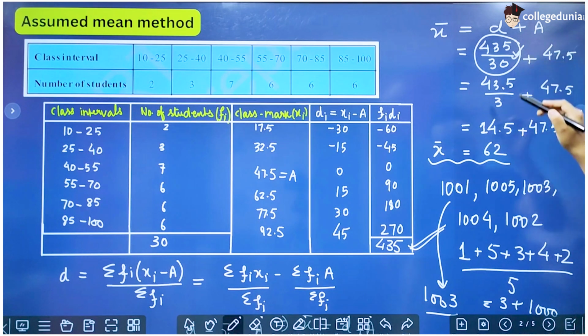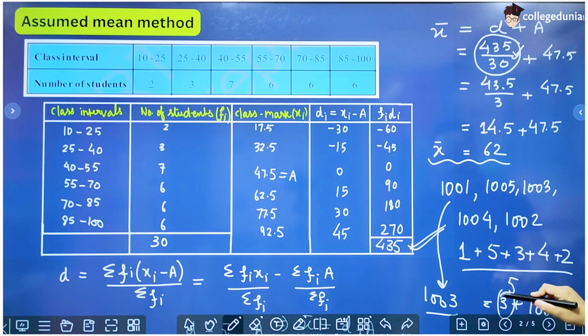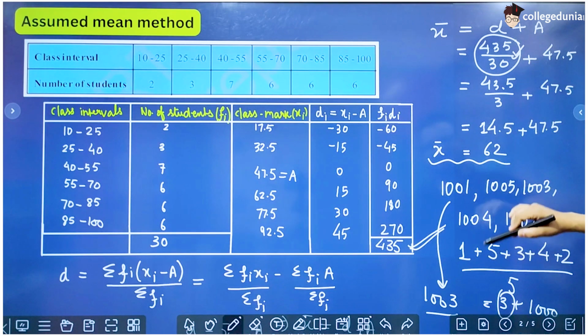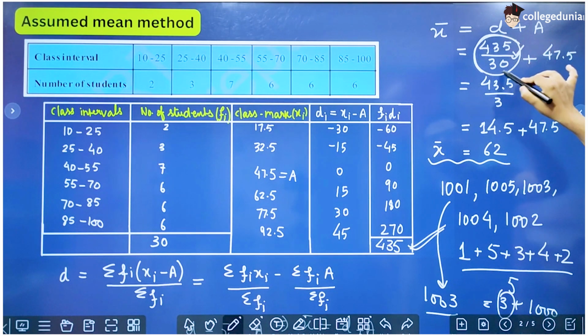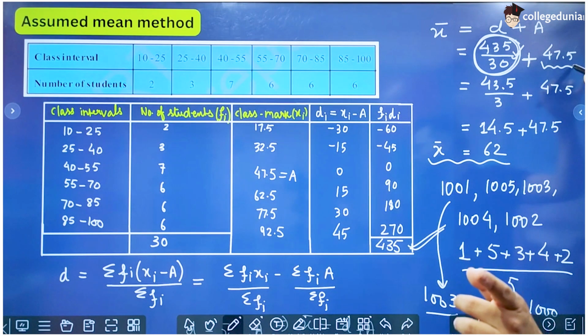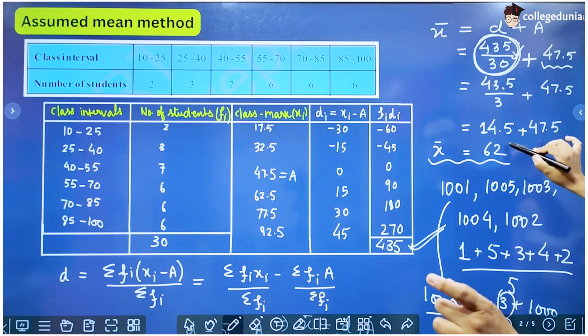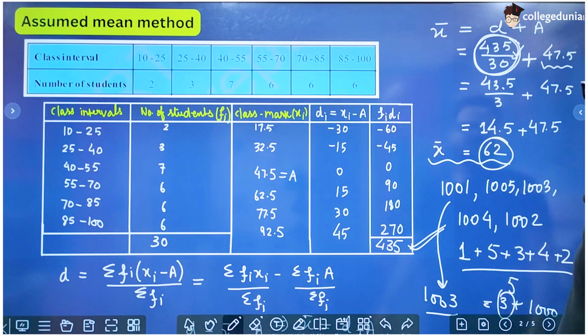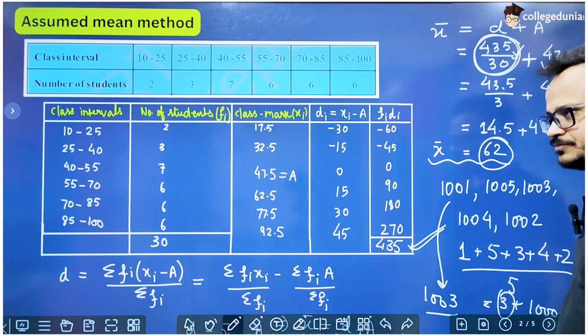This result corresponds to this 3 in this case, right? So this is the mean of the new values, and we add the value that was subtracted from each value, that is 47.5, to the new mean, and that gives us the original mean, right?